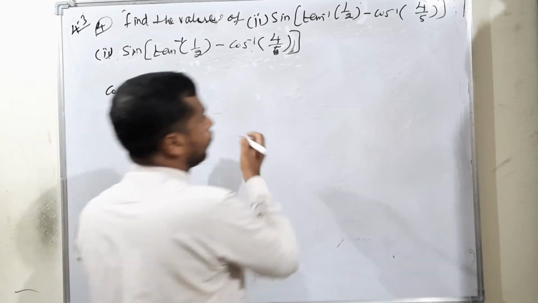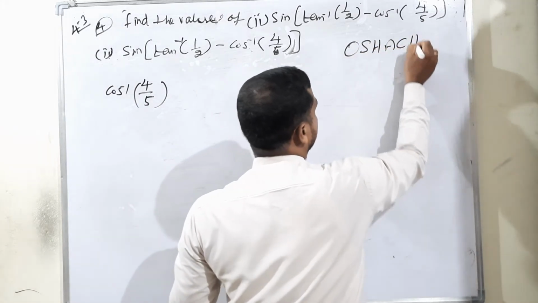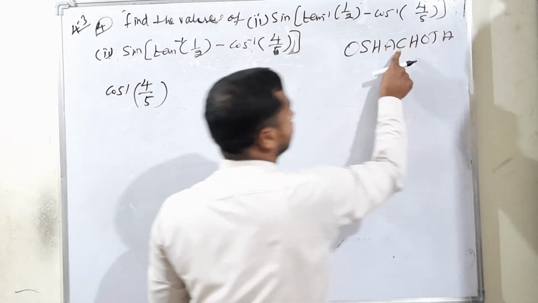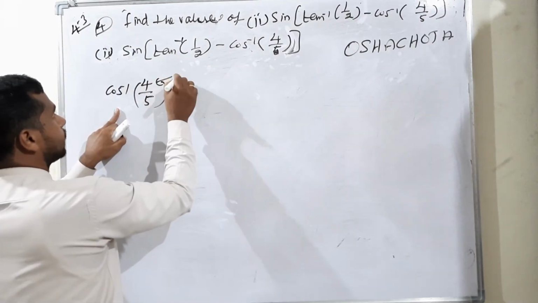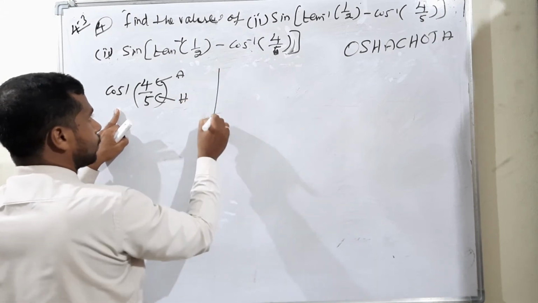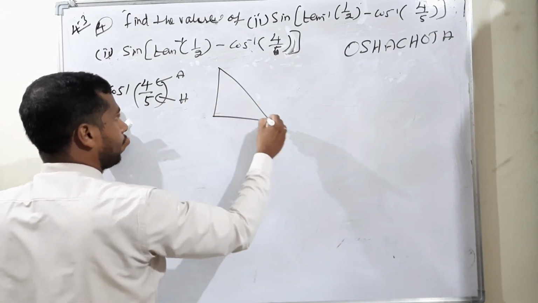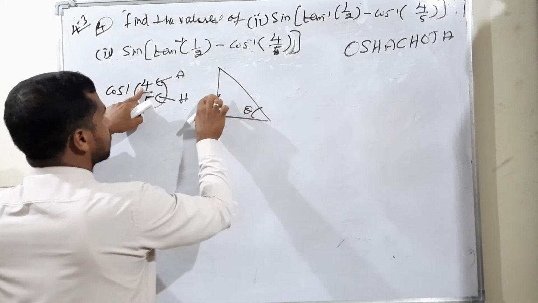So cos inverse 4 by 5, according to the right angle triangle. What is the meaning of cos? Adjacent divided by hypotenuse. This is called adjacent, this is called hypotenuse, and opposite to theta is the opposite side.